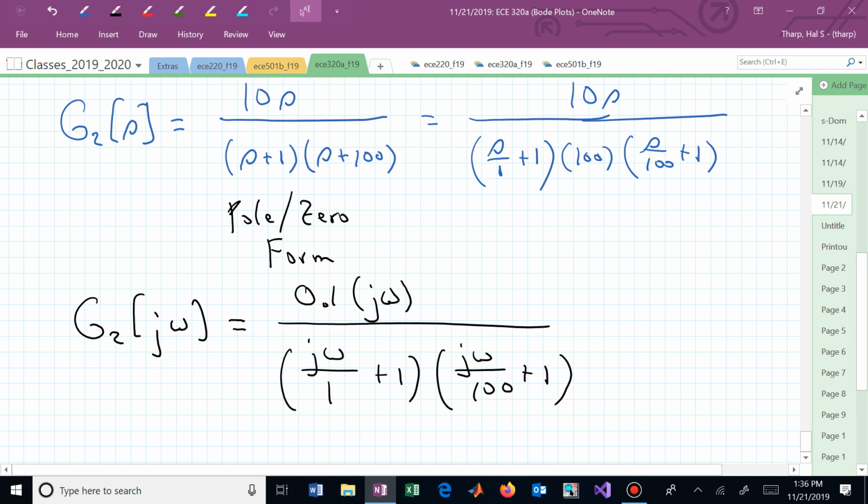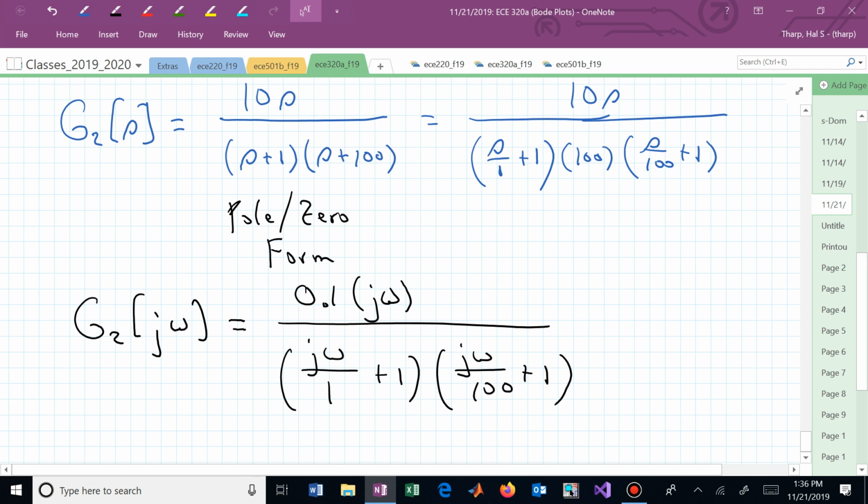So now can we sketch this Bode plot? Now that we've talked our way through, we can now see this Bode plot. You're missing it if you're listening to this, right?